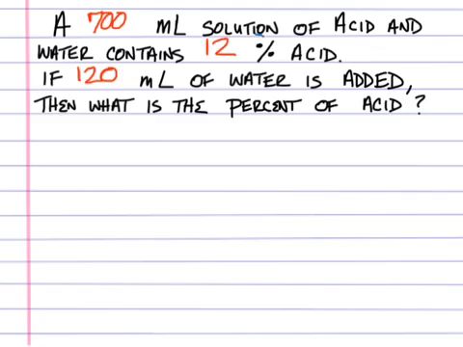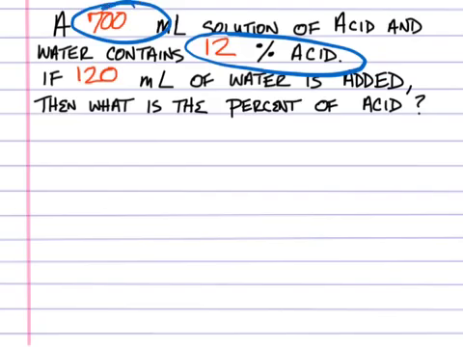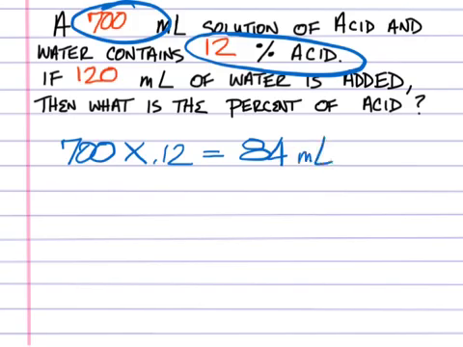Step 1 is to find out how much acid you have of that 700 milliliters. So 700 times 0.12 is your first move. That will give you 84 milliliters of acid. Now the problem says we are going to add 120 milliliters of water.